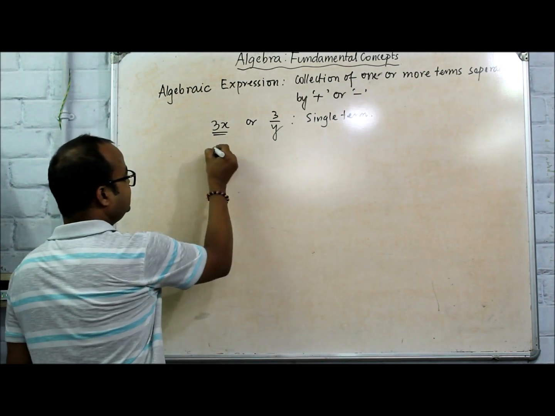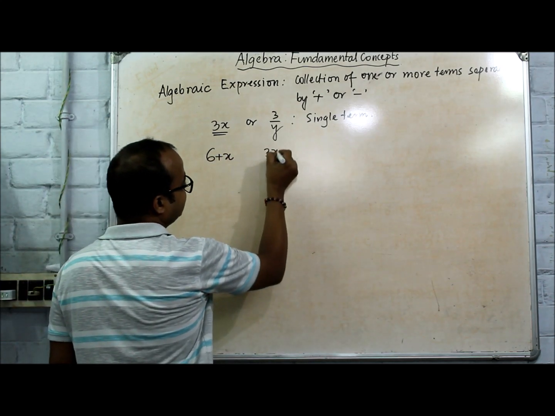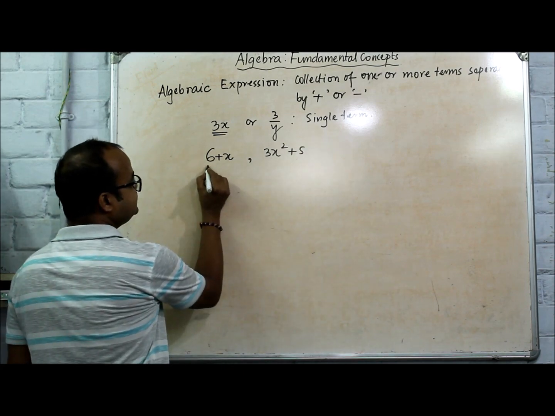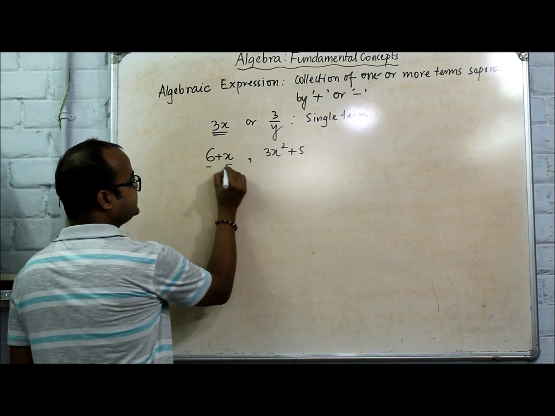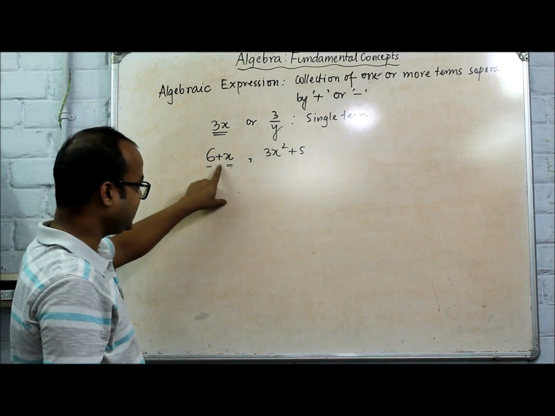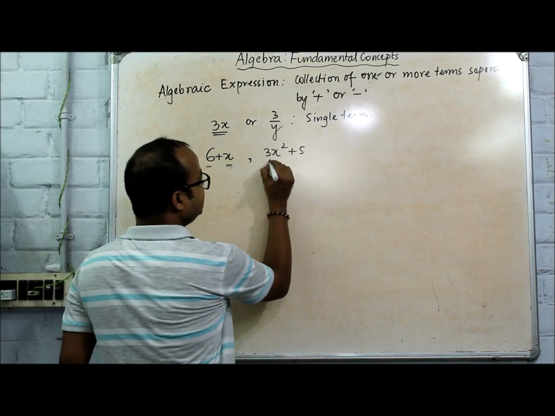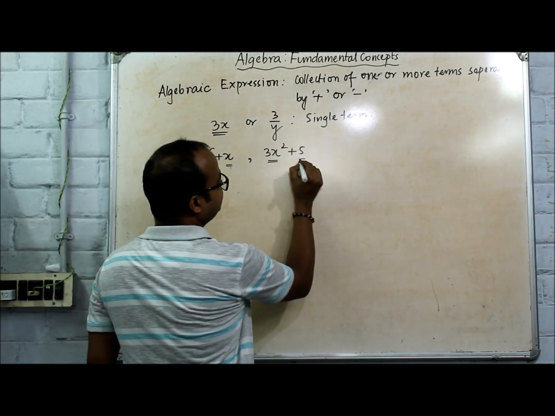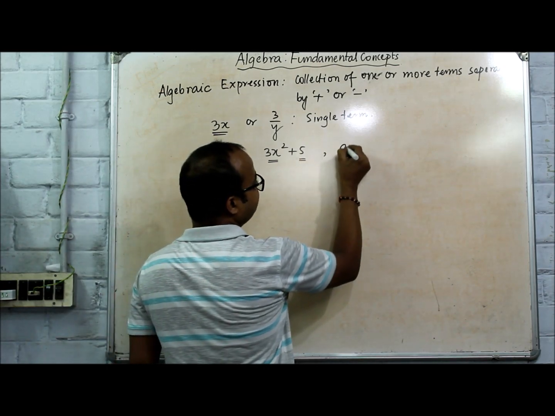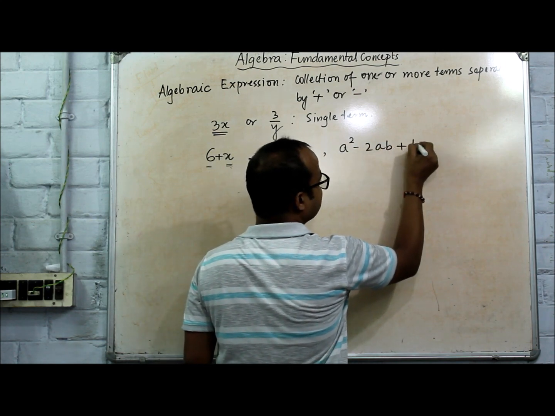Now if I write 6 plus x, or if I write 3x square plus 5, now see, 6 and x are two terms separated by plus. 3x square plus 5: 3x square is one term, 5 is another term separated by plus. Suppose I write a square minus 2ab plus b square.